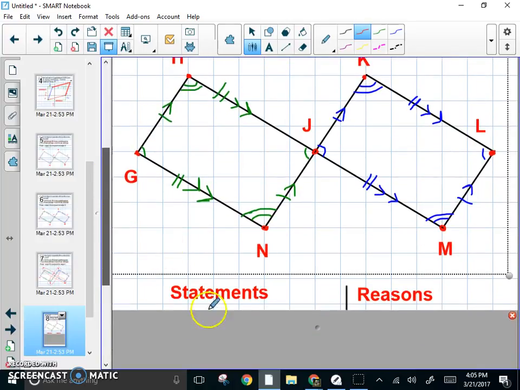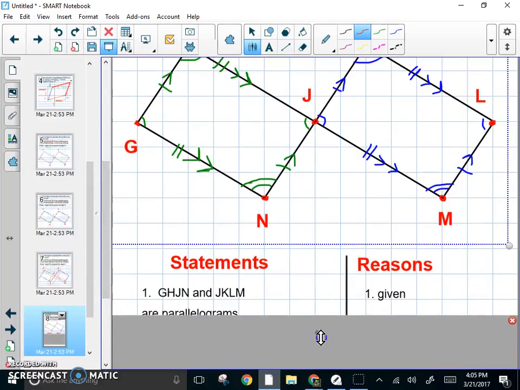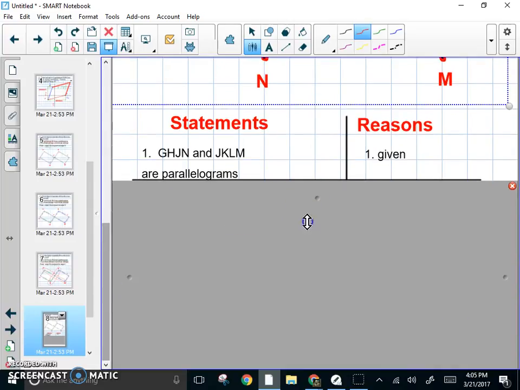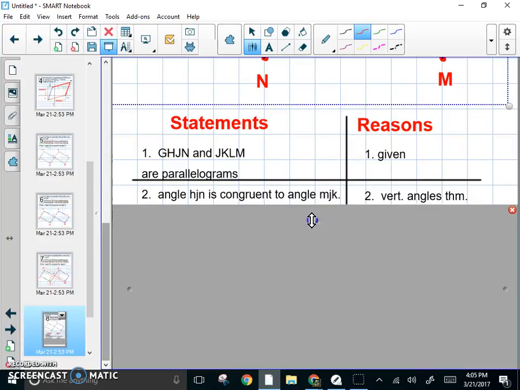So the first part is state what you're given. Okay, JHN and JKLM quadrilaterals are parallelograms. That is given. Okay, easy enough. So now we know all of that is true.